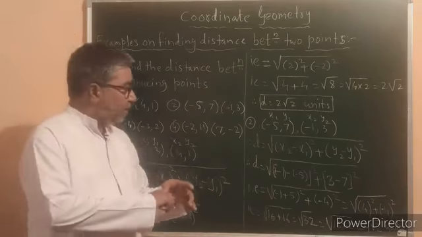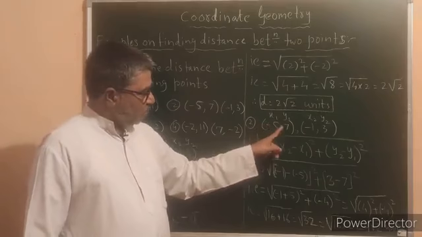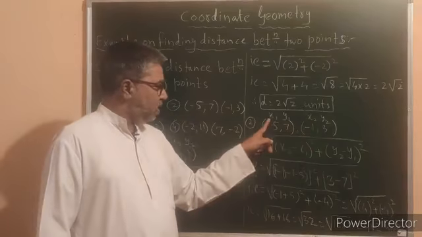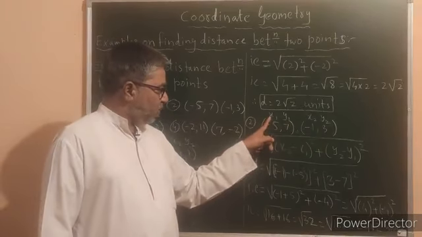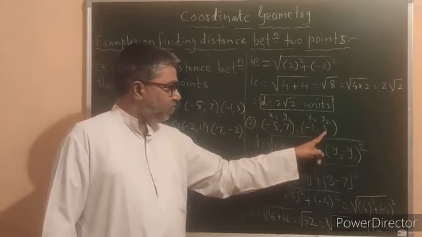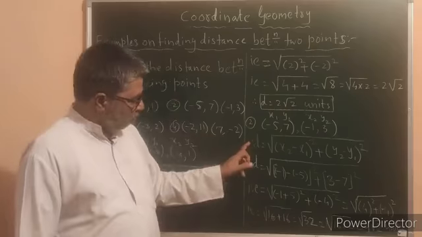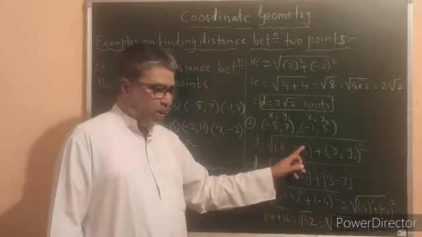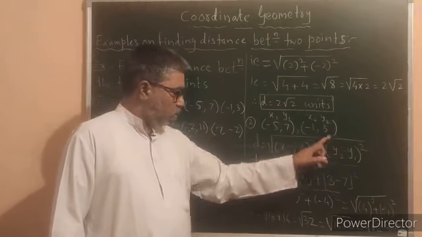Now coming to the second example, (-5, 7), (-1, 3). These are the pair of 2 points. Let us call minus 5 as x1, 7 as y1, minus 1 as x2, and 3 as y2. Formula: d is equal to square root of (x2 minus x1) whole square plus (y2 minus y1) whole square.